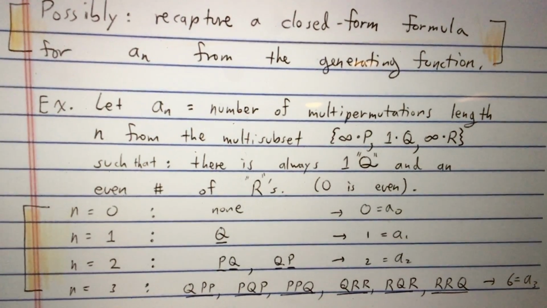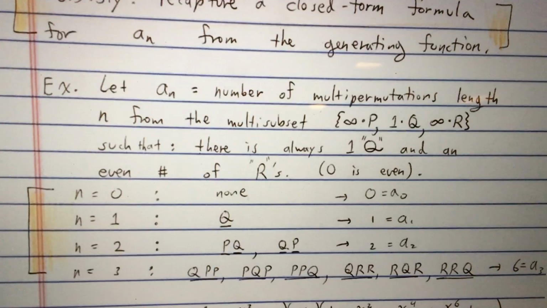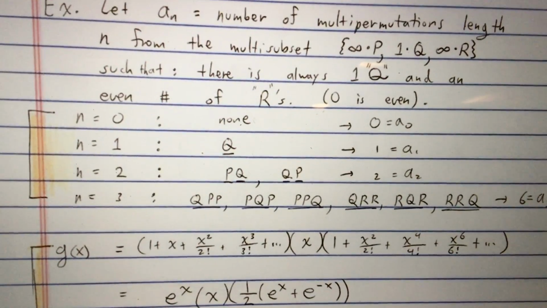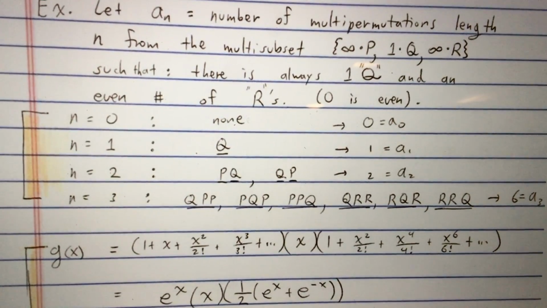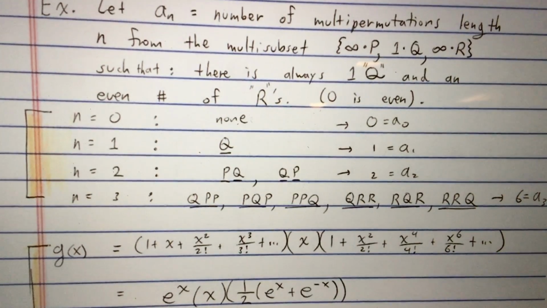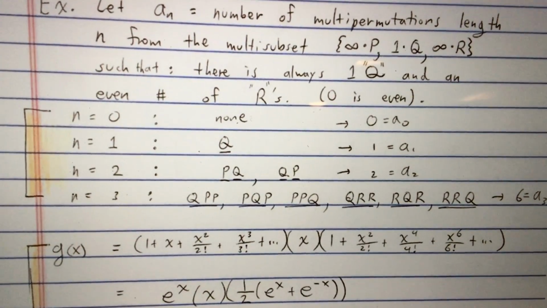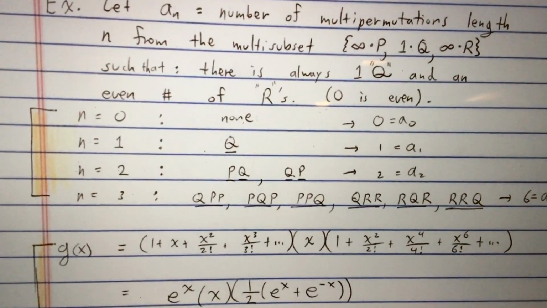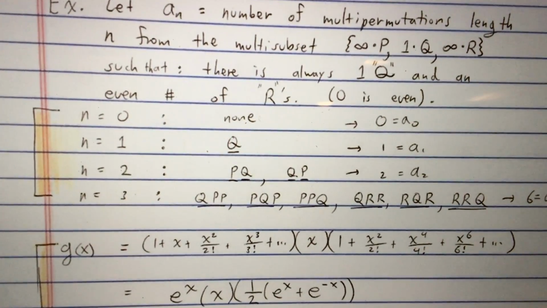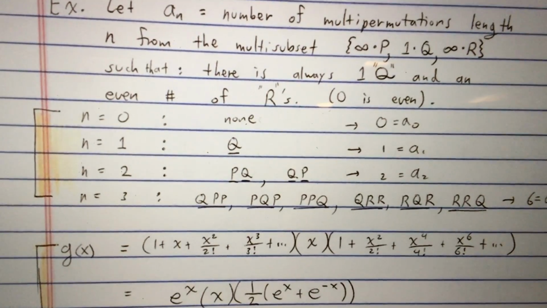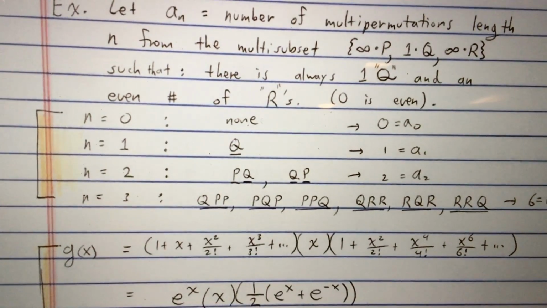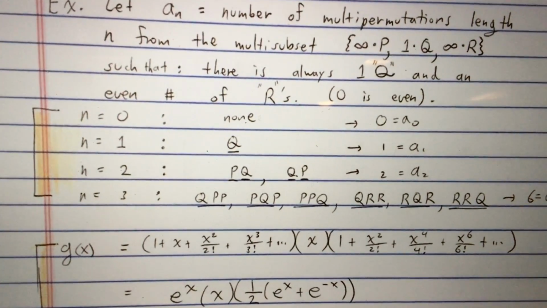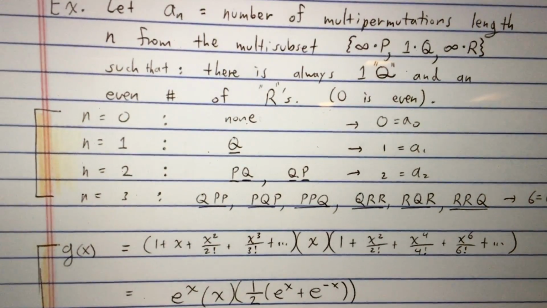Let's see what the generating functions tell us. All right, here's the generating function. So we have p, q, and r are the three symbols that are going to be made into an ordered list or multi-permutation. And so we need 3 factors in g of x. And we'll just do them in that order for p, for q, and for r. So for p, we're allowed to have potentially any number of p's at all.